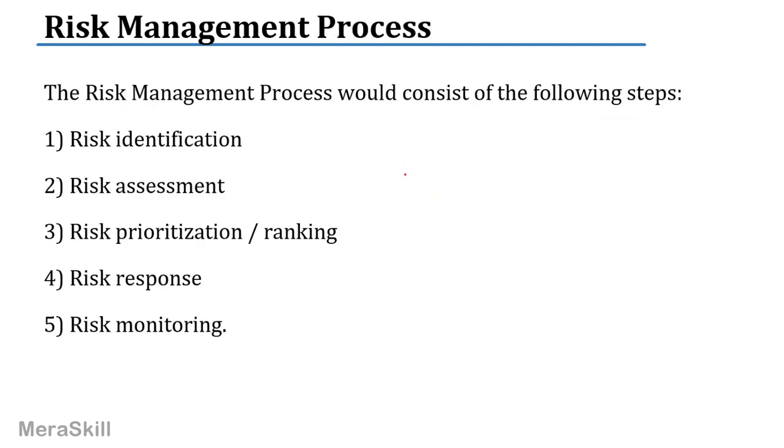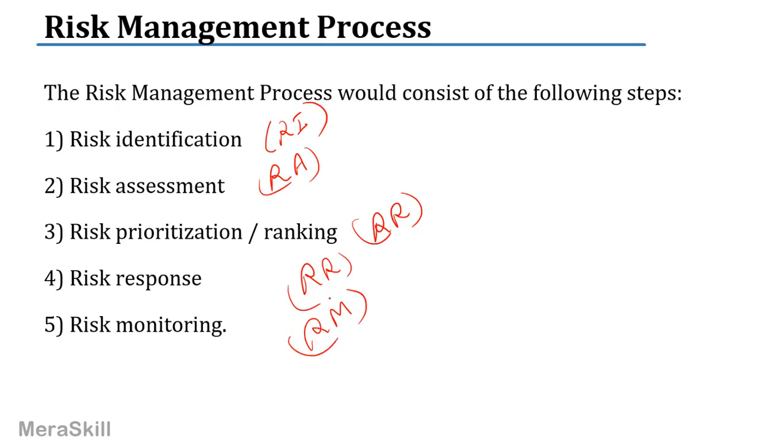The risk management process consists of, like we said in the beginning itself, first we begin with the risk identification, then assess how much of the risk is there. Based on the assessment, you can rank the risks. Then you respond to the risk and you close with the monitoring of the risks. Dear students, this is how we proceed. Now let us go and look at each of these items one by one. Right?